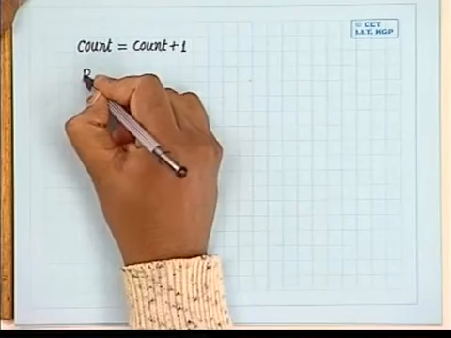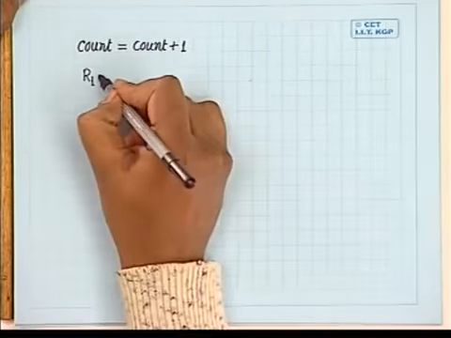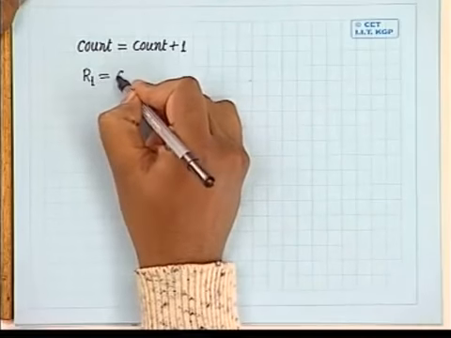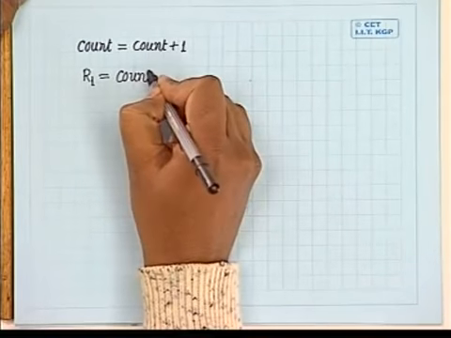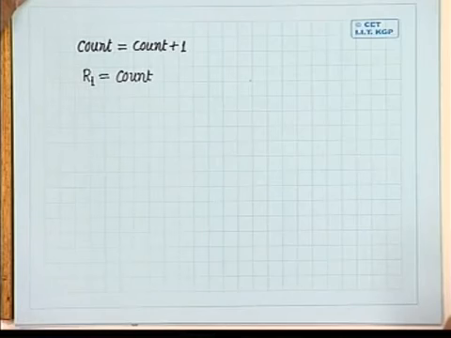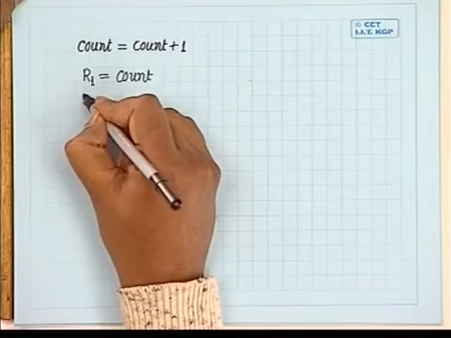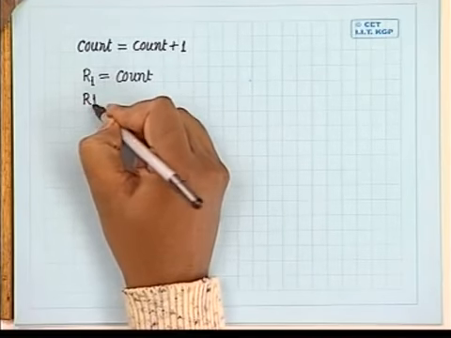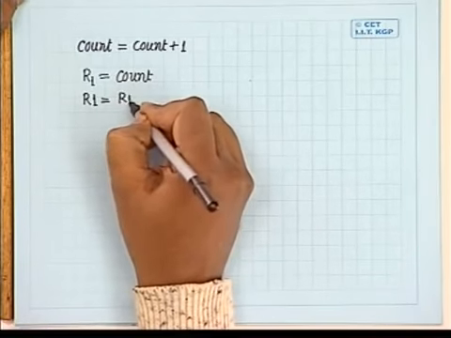Some register in the CPU, let us call it register R1, will be loaded with the value of count. That means the memory location which is assigned to variable count will be read and the data will be placed into register R1. After that, register R1 will be incremented by 1, so R1 will become R1 + 1.